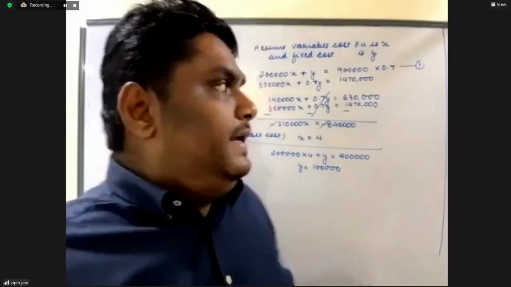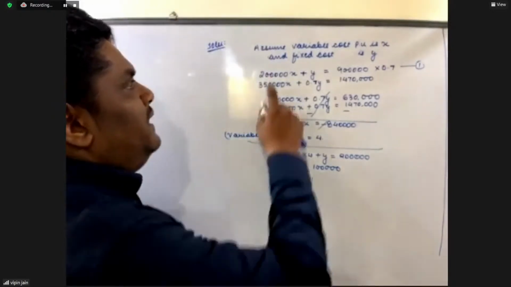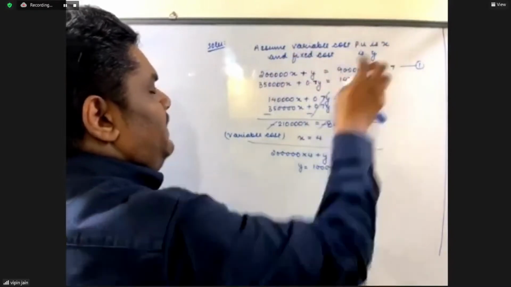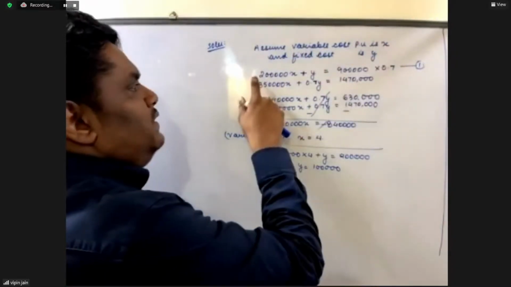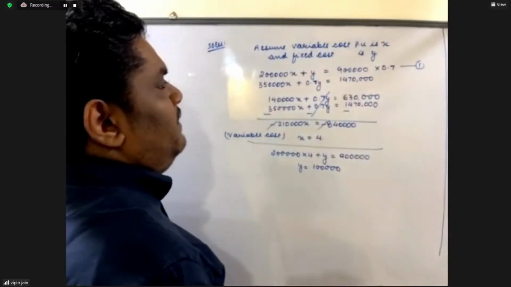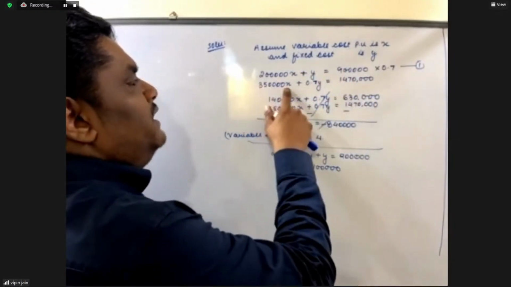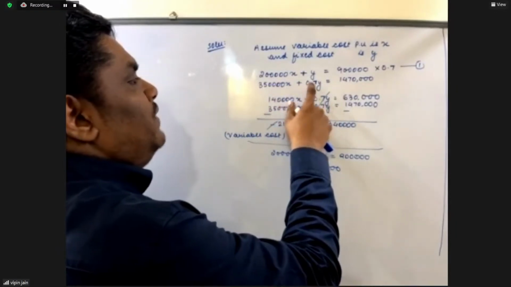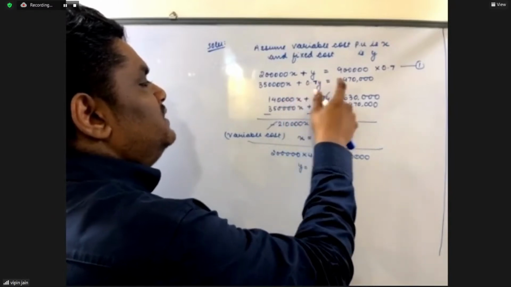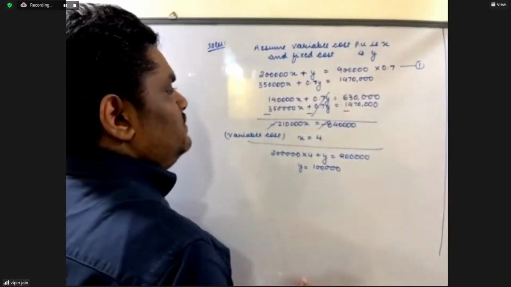Mr. Vishwanath Reddy, again, the question is very simple. Assume that the variable cost per unit is X and the fixed cost is Y. So my units are 2 lakh. So 2 lakh into X plus Y should be equal to 9 lakh. And 3,50,000 into X plus 70% of Y, because in the second year, the fixed cost is reduced by 30%, should be equal to 14,70,000.